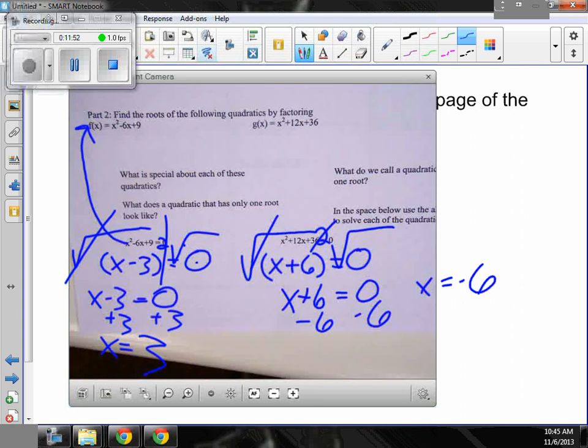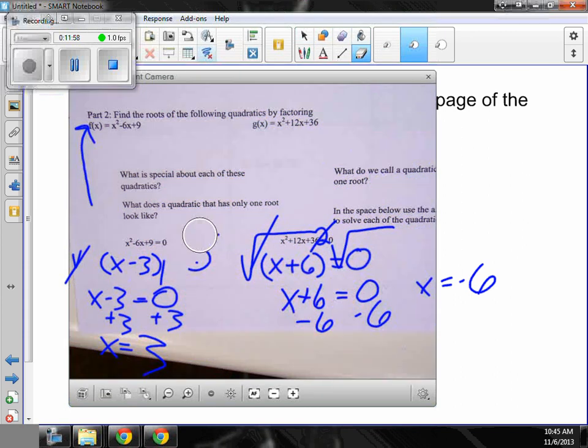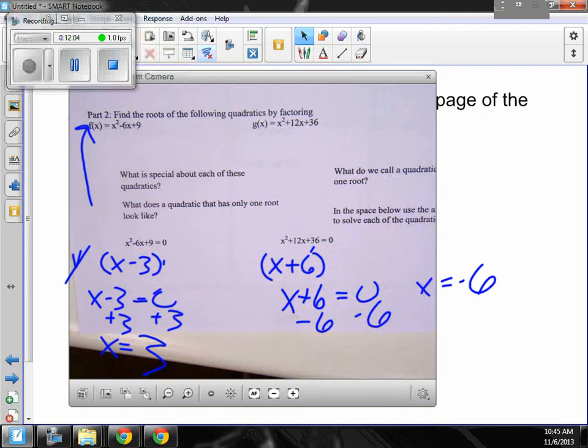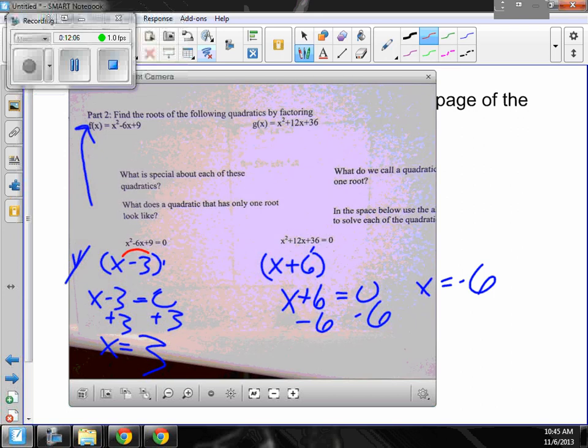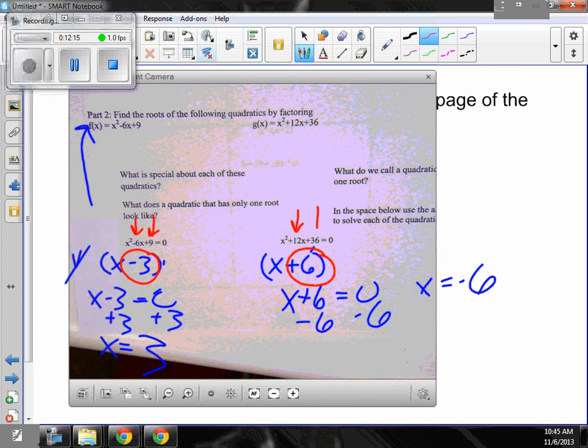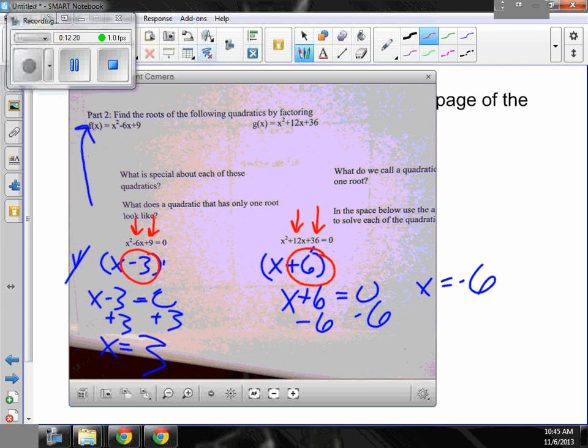Okay? Now, I want to show you a pattern that's really important. Do you see a relationship between negative 3 and those two numbers? And do you see a relationship between 6 and those two numbers? So what's the relationship between negative 3 and negative 6? What's the relationship between 6 and 12?